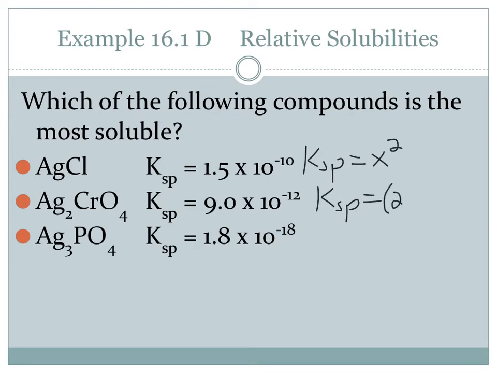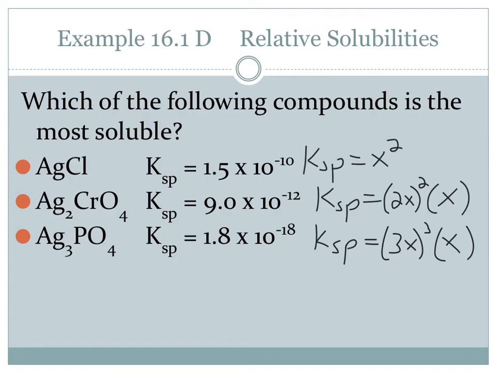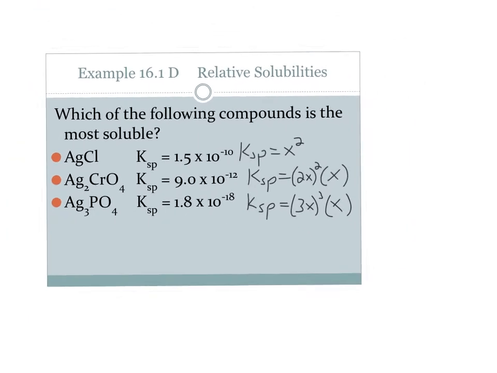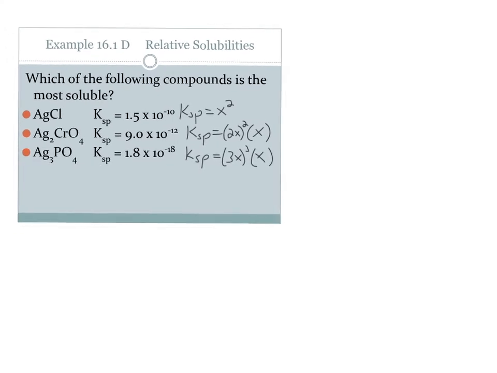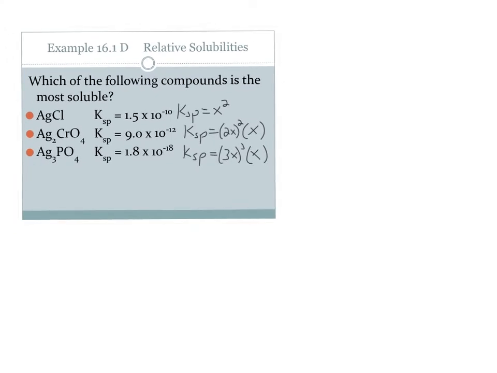So 2x squared is the silver, and the chromate is just an X. And the silver phosphate is going to give me 3x to the third times the phosphate, which is just X. So you can see here that these affect the solubilities differently. When we do this, we get 3 different X values.